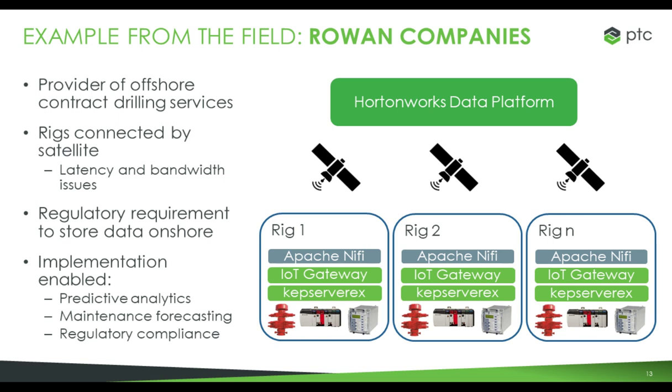Not only did this architecture allow Rowan to comply with these mandatory legal requirements and continue to operate, but it also allowed them to implement other use cases, including predictive analytics around maintenance requirements. So not just a regulatory compliance story, but also performance improvement and improvement on the maintenance side of things as well.